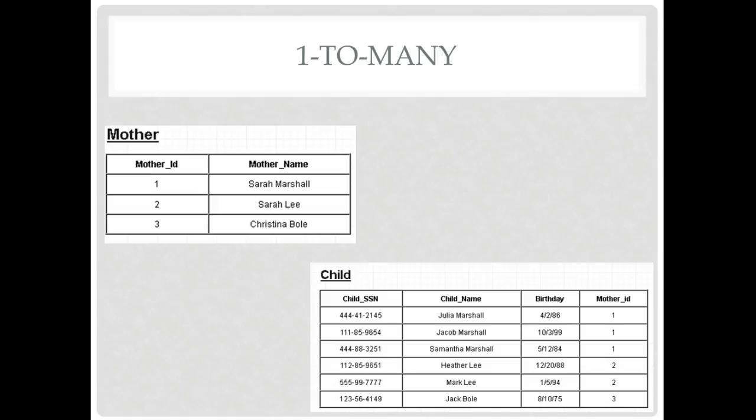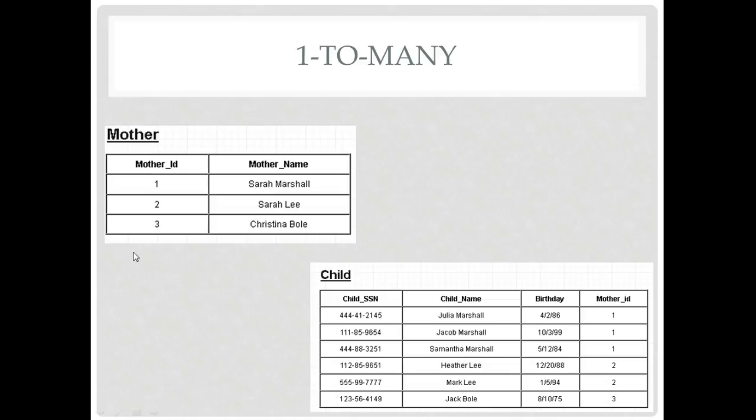So if you're ever asked a question where you have to create a one-to-many relationship, you always have to make sure that whatever is on the many side would consist of a foreign key that points to the parent table. So, for example, if you have a mother, a mother can have multiple children, but every child is assigned to one mother.